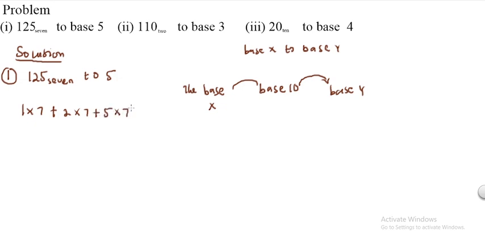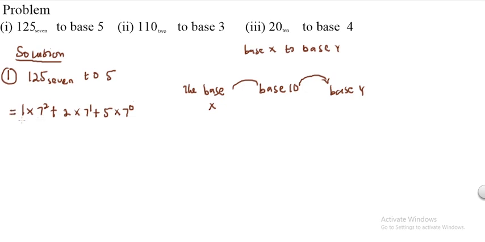The next thing we want to do is to give each of the 7s a power starting from 0. So starting from this side, we'll say this is 0. Then we'll go to the next 7 and give it a power of 1. Then we'll go to the next 7 and give it a power of 2. So as we are going towards the left, the powers are increasing.